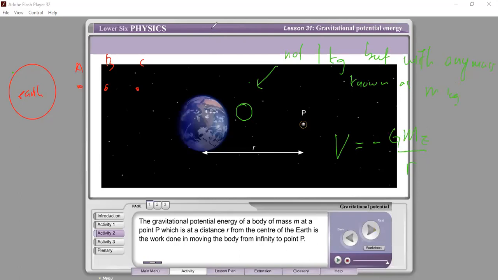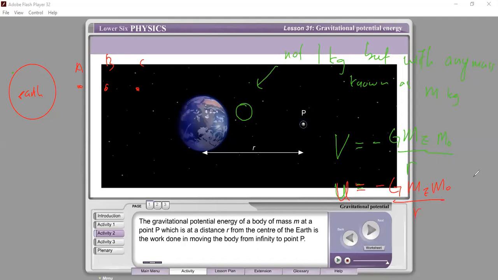Now the gravitational potential energy is actually Me times m of the object. U will also be negative G Me m over R.